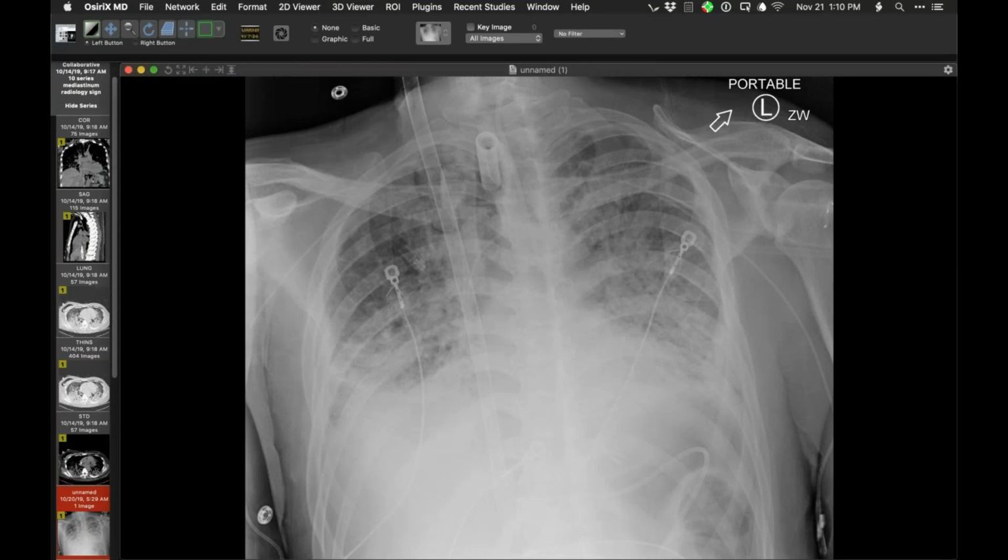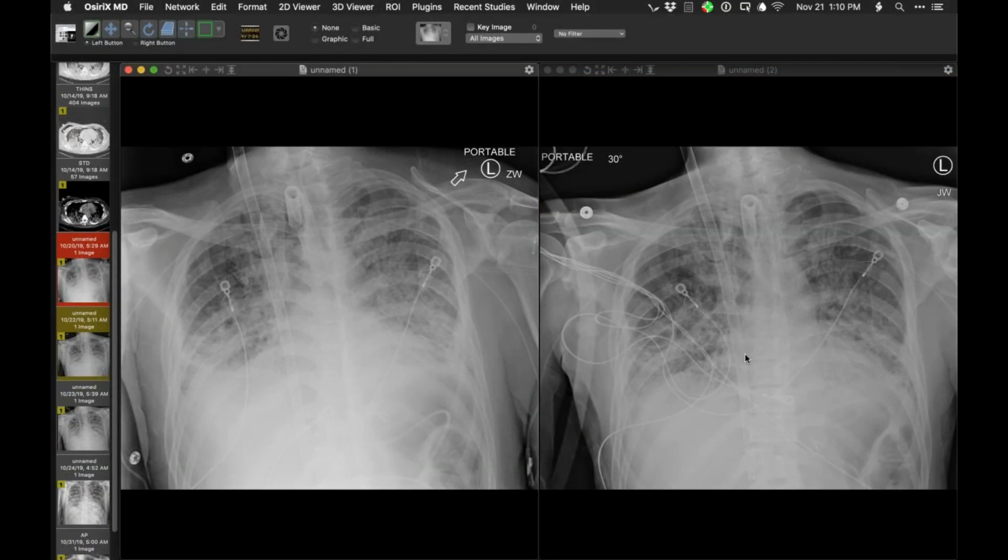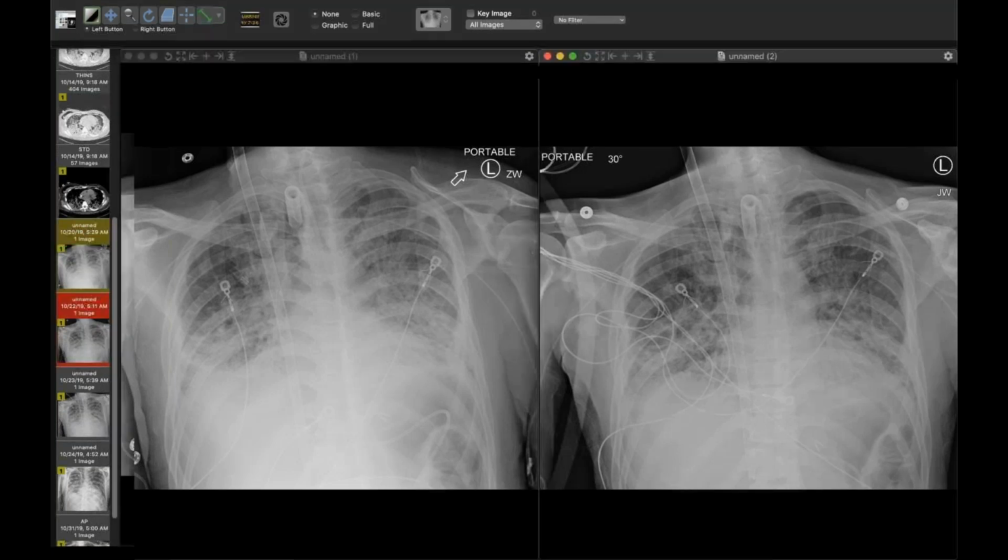This patient's on veno-venous ECMO, has a tracheostomy tube, has a lot of lung disease. But for a couple imaging exams, I will show you that, and I'll put some alongside here. The finding of some relevance was not seen. So let me now mag up this exam.